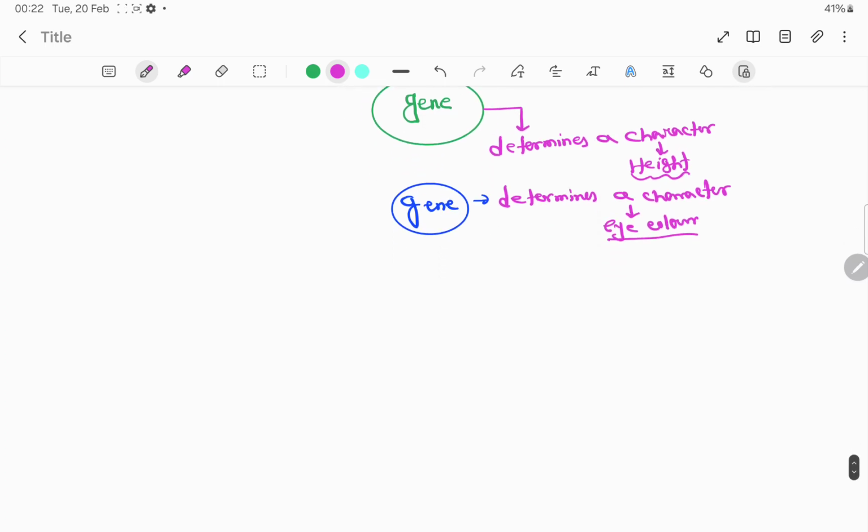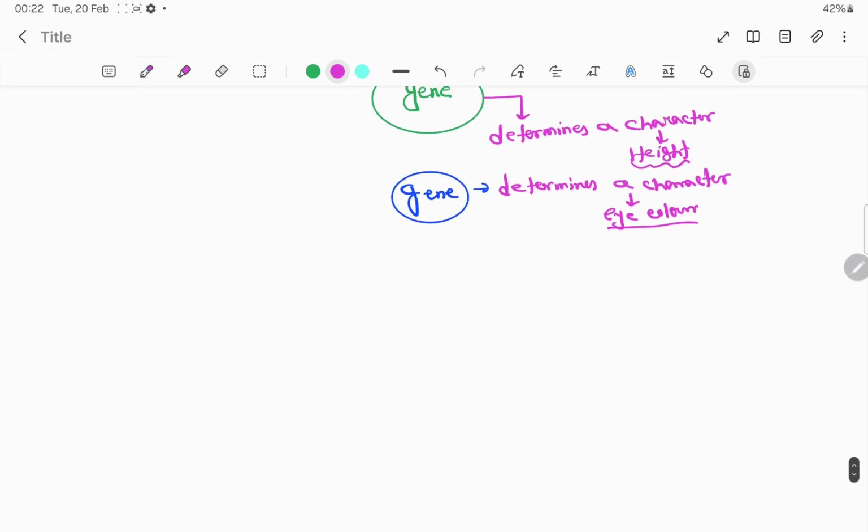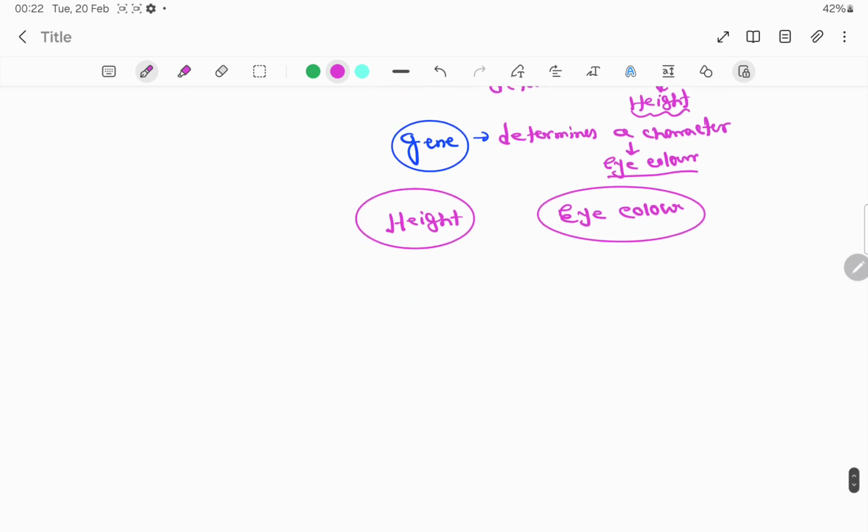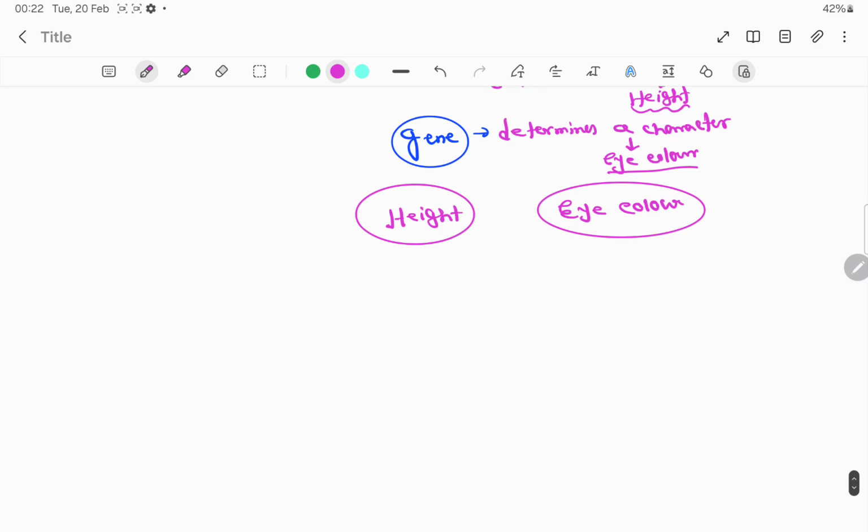Now see, height is a character, and eye color is another character.